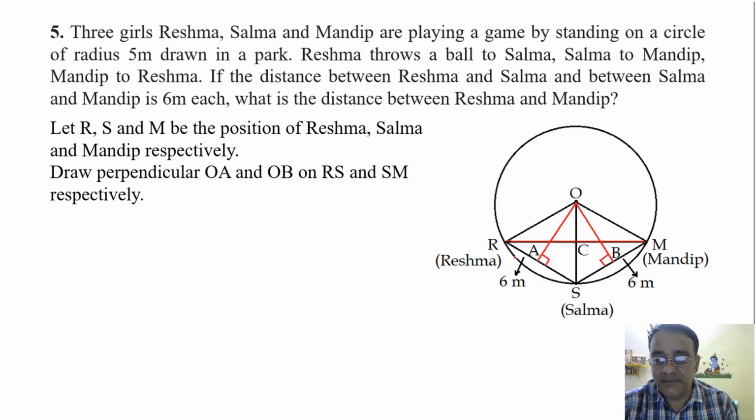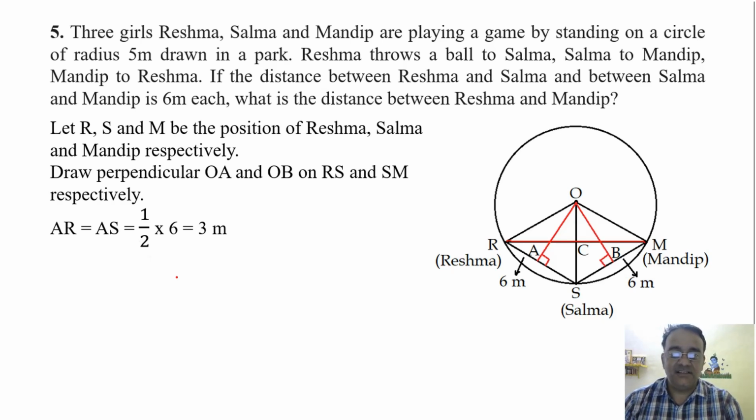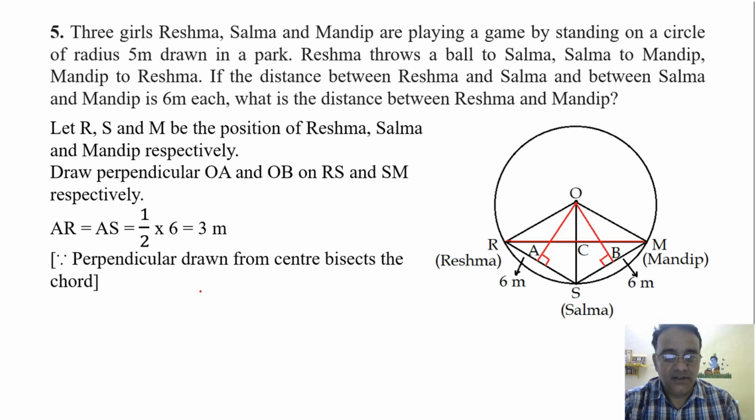Not centimeter, meter. So AR is equal to AS is equal to half into 6, that is 3 meter. Why? Because a perpendicular from the center to a chord bisects the chord. Right. Now similarly BM is equal to BS, also 3 meter.